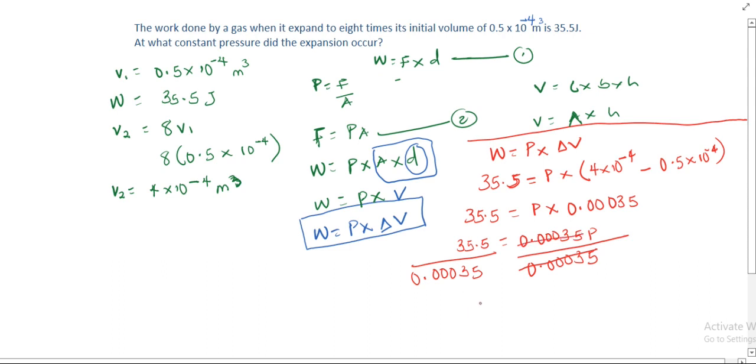So our pressure will be equal to 1.014 multiplied by 10 to the power of 5 Newton per meter square.